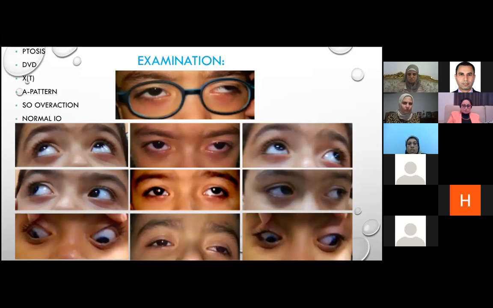On examination, the child had bilateral miosis. He had bilateral DVD, intermittent exotropia, A pattern, bilateral inferior oblique overaction, and normal inferior oblique actions.